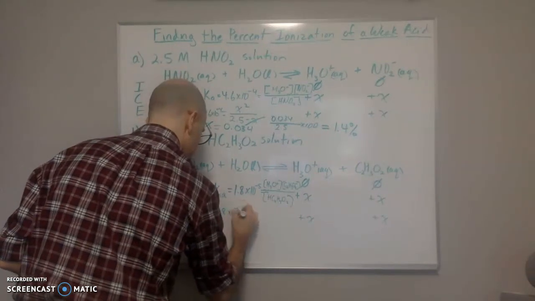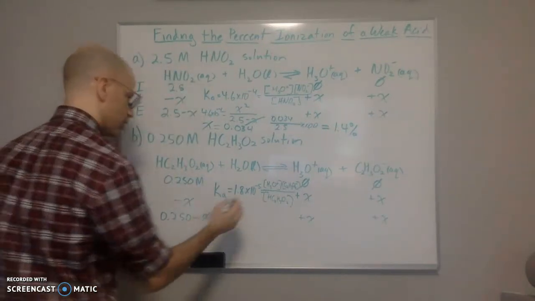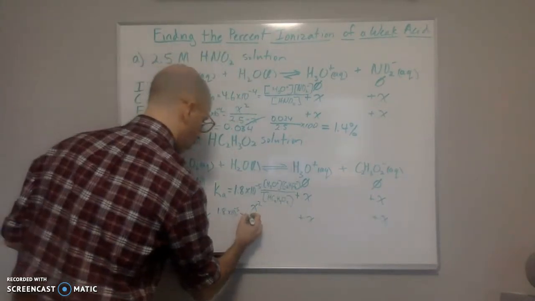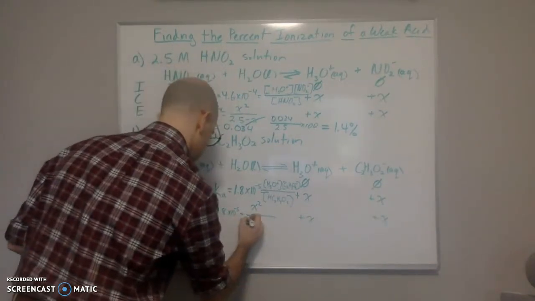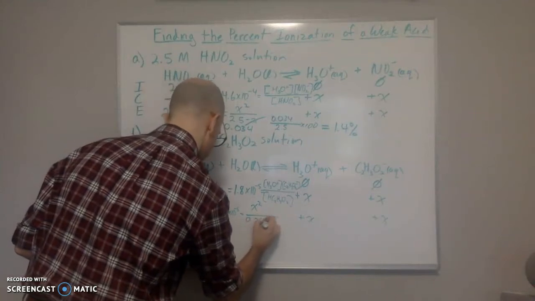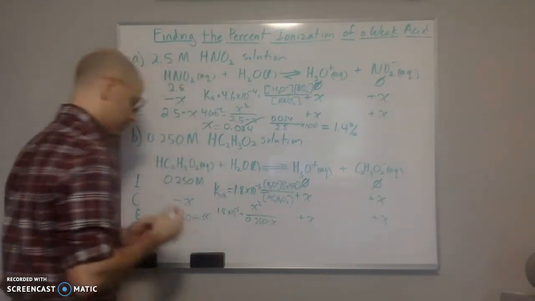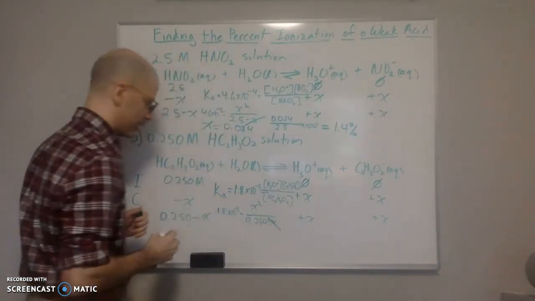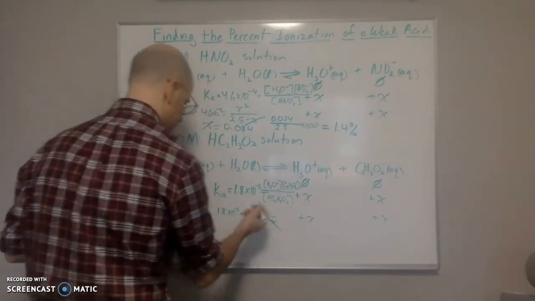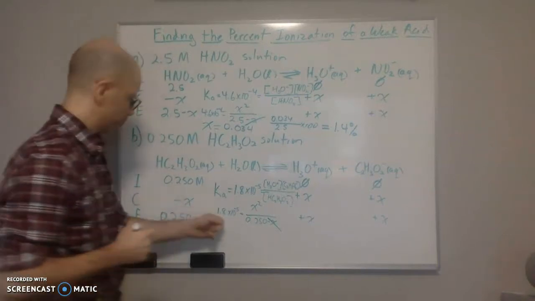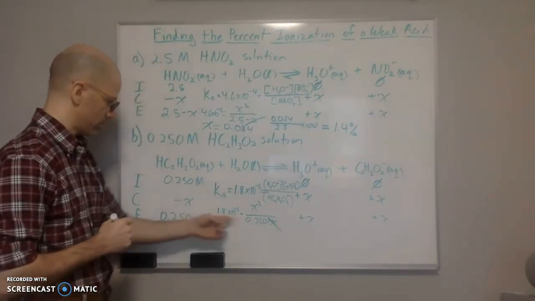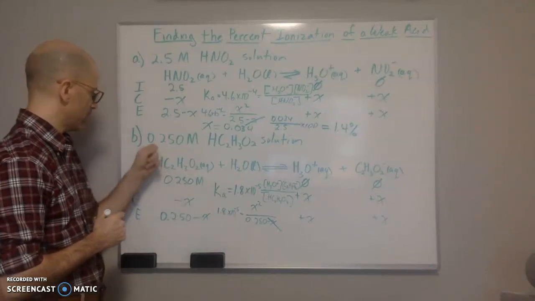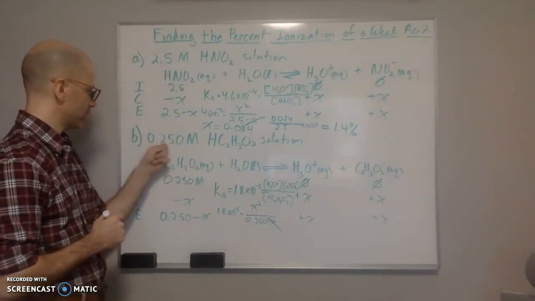And now we just need to plug in the equilibrium expressions. So this is going to be equal to, again, x squared, since it's x times x, over 0.250 minus x. We'll do the x is too small approximation again, so here we'll get rid of x to simplify. And again, we can do that, and it's a good assumption because here we have 10 to the negative 5, and here we have 2.5 times 10 to the negative 1.